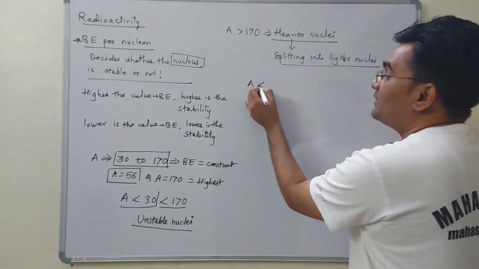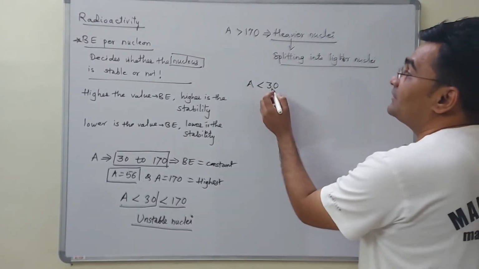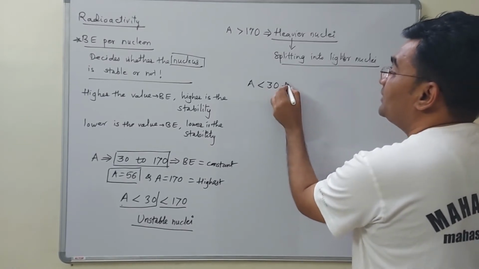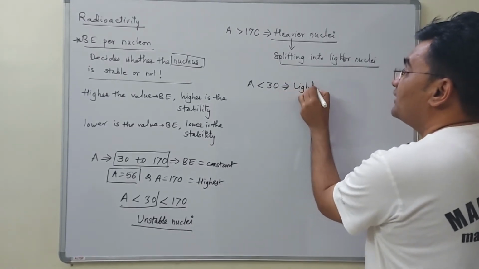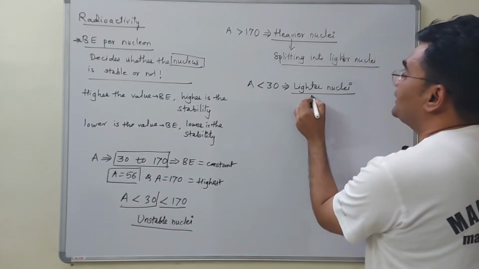Elements with atomic mass less than 30 will be considered lighter nuclei.